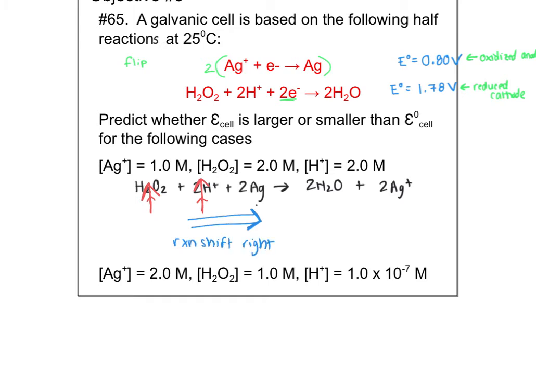And by shifting to the right, that means more electrons are going to be transferred in this redox reaction, right? If the reaction keeps proceeding, that means more of these electrons that we canceled out will be transferred, which means this new E cell value will be larger than the standard value because there's going to be a greater voltage if more electrons are transferred on the wire.